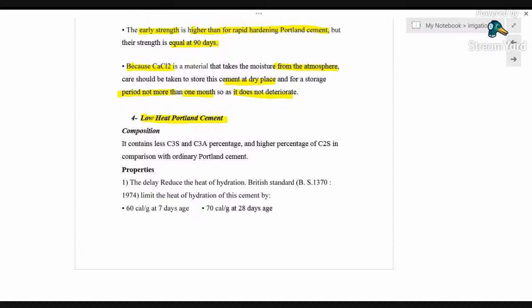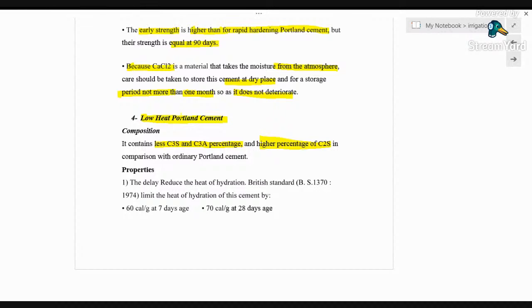So low heat means it contains a lower percentage of C3S and C3A, and a higher percentage of C2S. If you increase the amount of C3S, the rate of gain of strength will be very high.